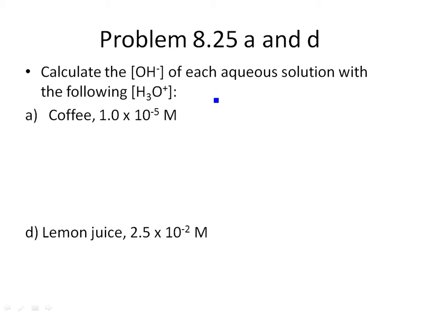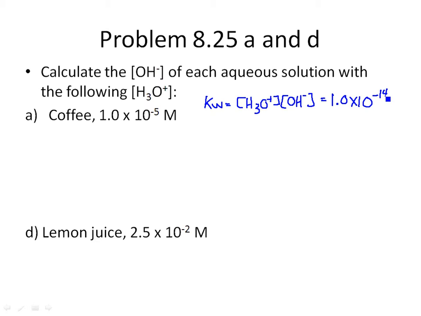Kw is equal to the hydronium concentration times the hydroxide concentration, which is always equal to 1.0 times 10 to the negative 14.